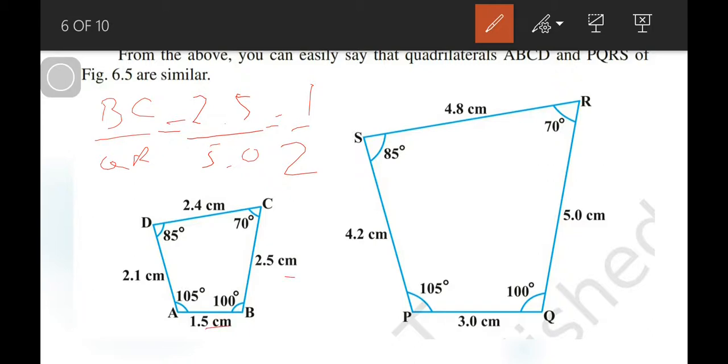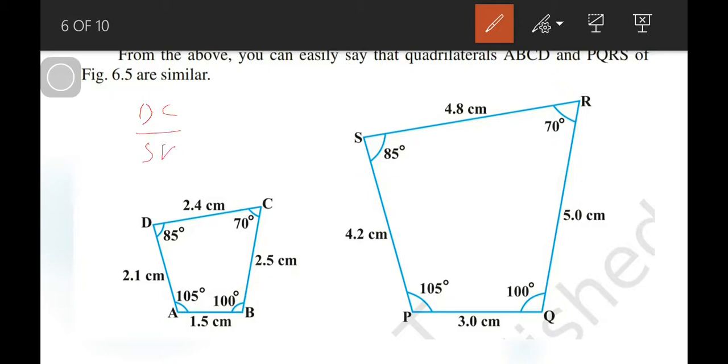Both ratios are equal. Now the third ratio, DC over SR, is equal to 2.4 upon 4.8, which is equal to 1 over 2. It is also equal to this ratio.